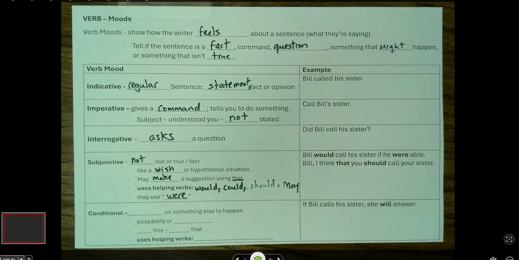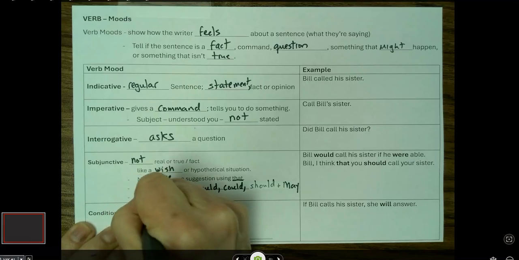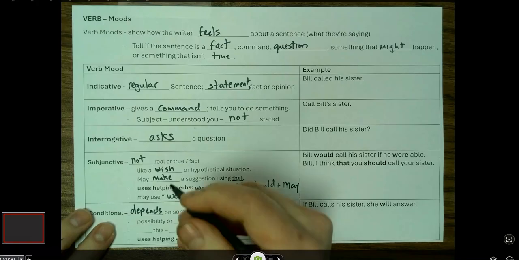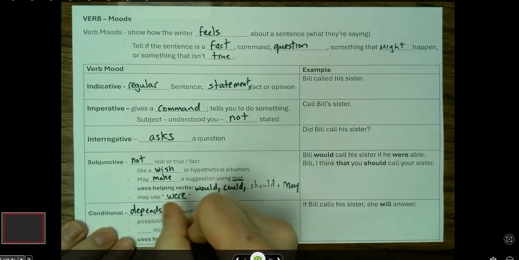All right, now let's take a look at conditional. Conditional is sort of the cause and effect of types of sentences, okay? All right, so conditional. Conditional depends on something else to happen, okay? It's a possibility or uncertainty, something that you don't know is going to happen.